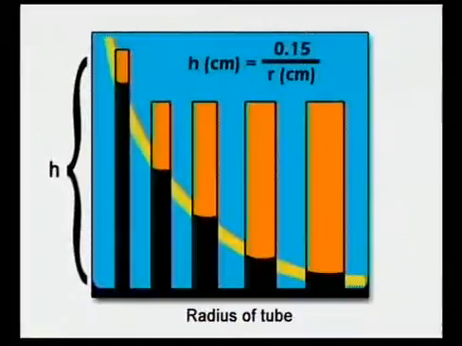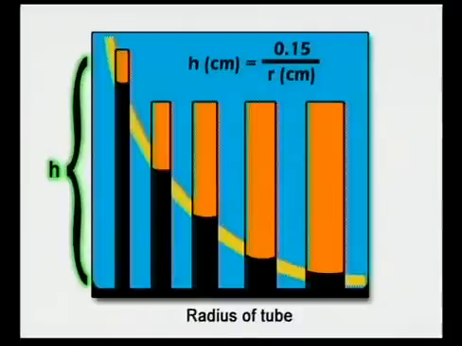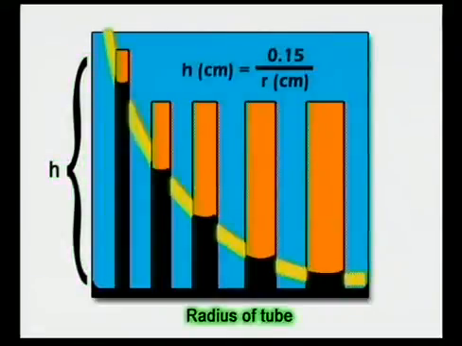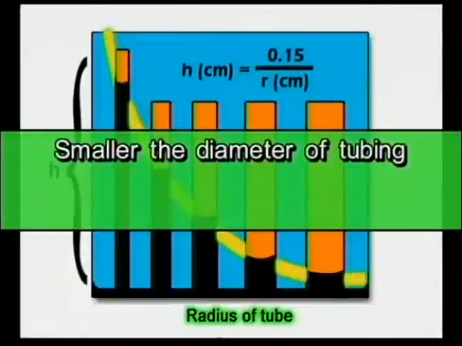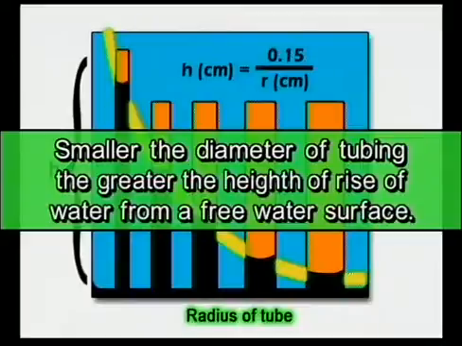The first part of this diagram is explaining capillarity, the process of capillarity. Now this is a chemical concept, and it's talking about the height of rise from a free water surface, free water being that which is not held by the soil, but it's free to move. It's explaining it on the basis of the diameter of the tubing. The smaller the diameter of the tubing, the greater the height of rise of water from a free water surface.